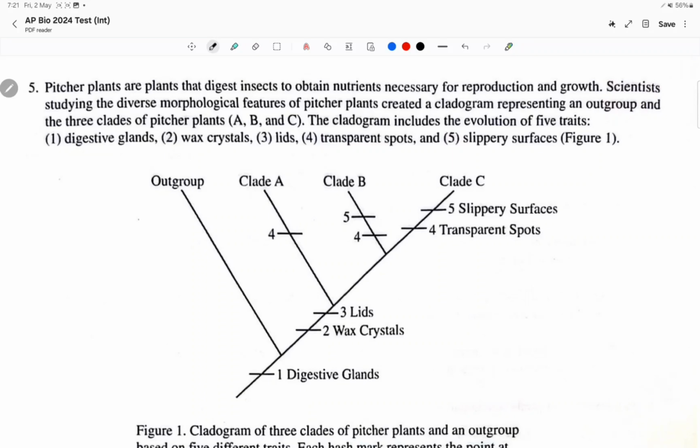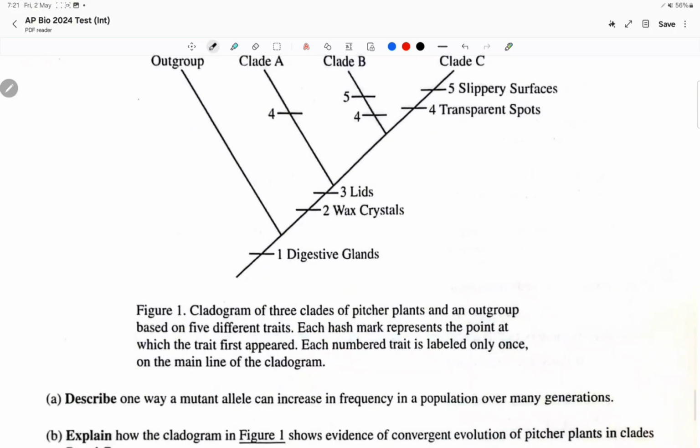And the three clades of pitcher plants, A, B, and C. The cladogram includes the evolution of 5 traits: digestive glands, wax crystals, lids, transparent spots, and also slippery surfaces.